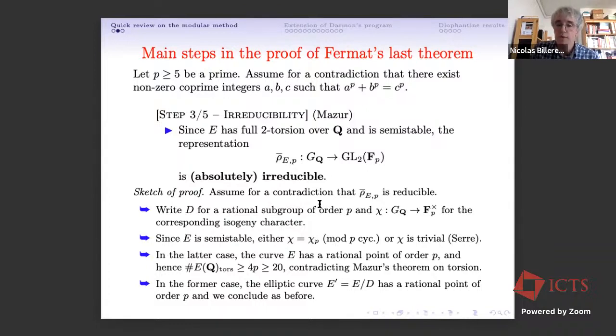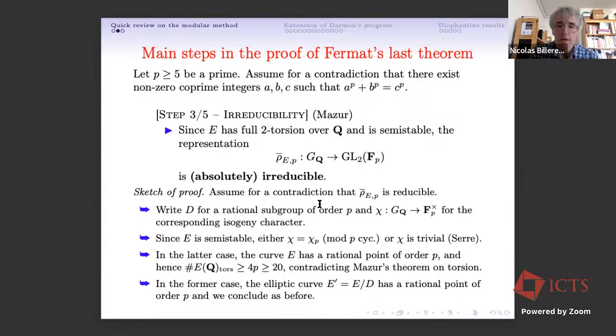So assume for a contradiction that this representation rho bar E,P is reducible. If you write D for a rational subgroup of order P and chi for the corresponding isogeny character, I'm trying to stick to the notation that was used yesterday in Barinder's talk.